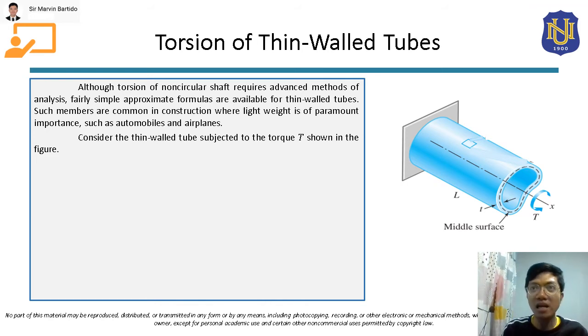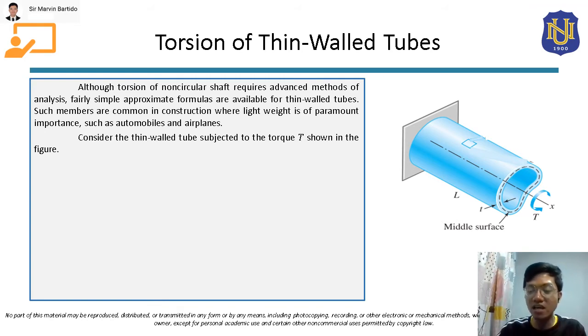Here, if the thickness t is very small compared to the overall dimensions of the cross-section, the shear stress induced by torsion can be shown to be almost constant through the wall thickness of the tube, directed tangent to the middle surface.